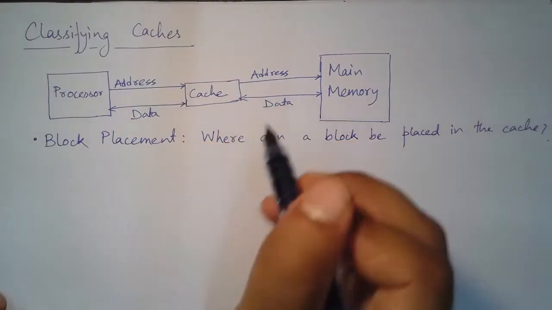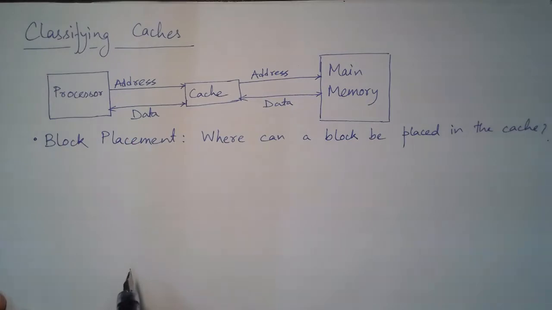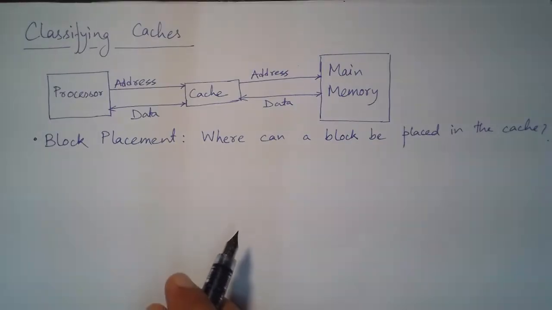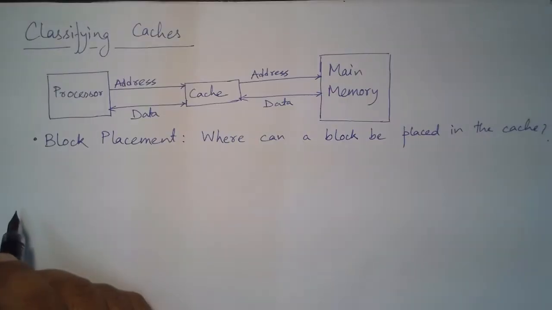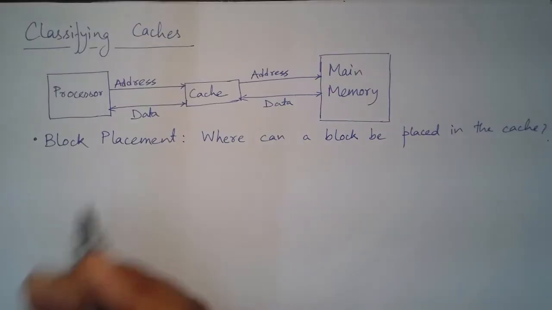And similarly there can be something intermediate, where you restrict that if the block is coming from the main memory, these are the possible locations this block can be put in. We will talk about them in today's discussion.